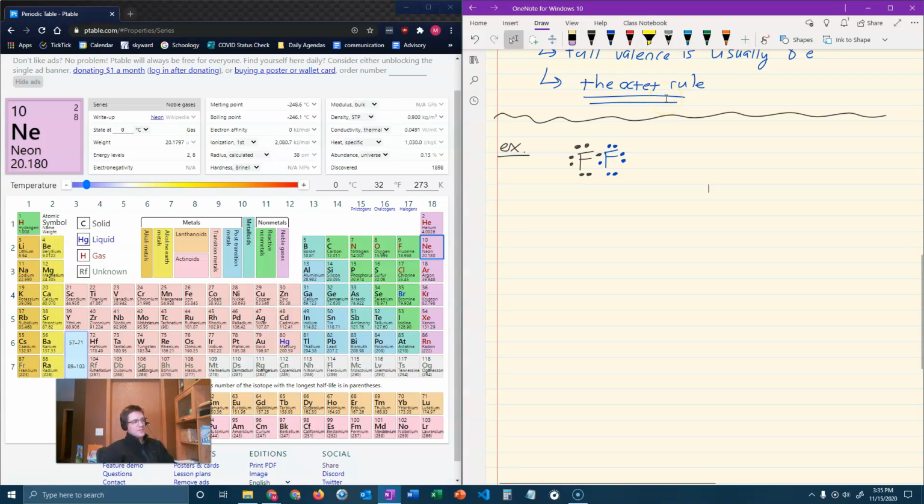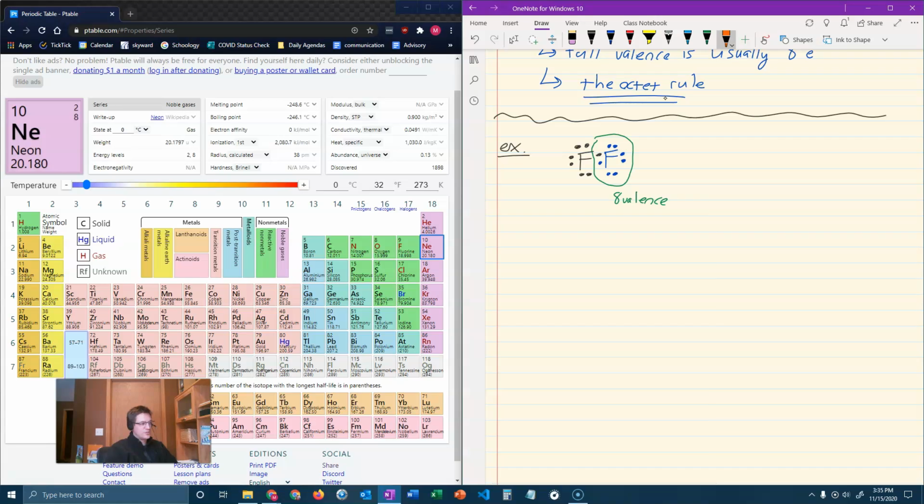Think about this now. As long as these 2 fluorine atoms stay together, this fluorine atom, look around it and count how many electrons are next to it. 1, 2, 3, 4, 5, 6, 7, 8. Interesting. It's got 8 valence electrons just like it wants. Look at this other fluorine atom.